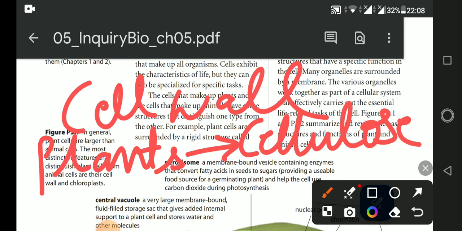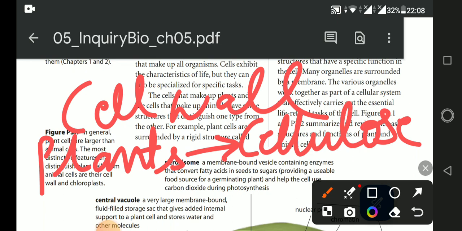And due to this reason, the animal cells are quite flexible, okay, but plant cells are rigid. So cell wall is a structure which provides rigidity and strength to the cells. So due to the presence of cell wall made up of cellulose, the plant cells will be rigid, and animal cells without cell wall, they will be flexible.